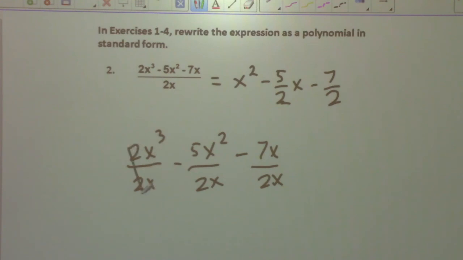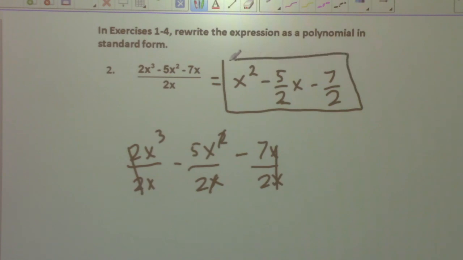The 2 over 2 cancel, and x cubed divided by x is x squared. And here we have x squared, which cancels out one x, so we have negative 5/2 x. And then finally, we take x over x, so this is going to be a correct answer for us. All right? Are we pretty good with that?